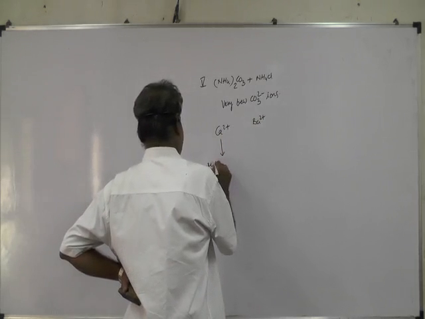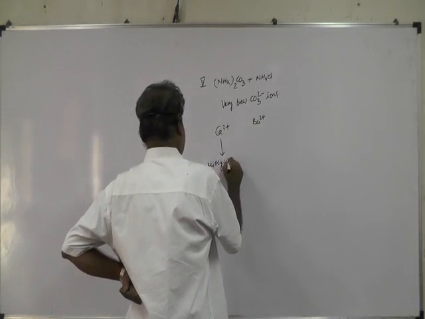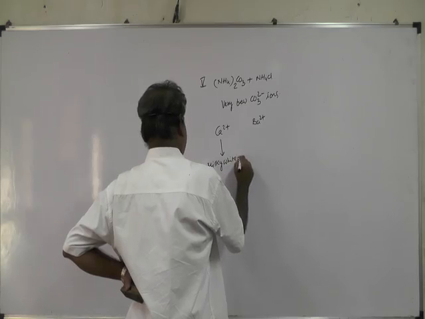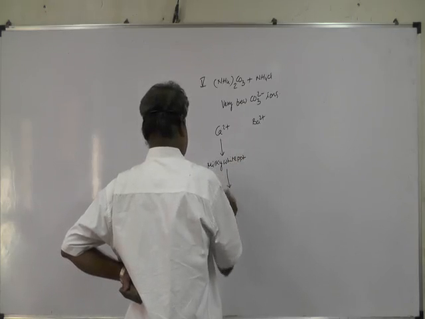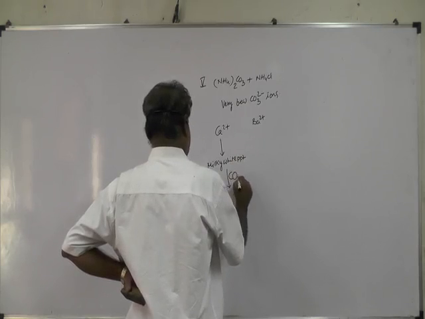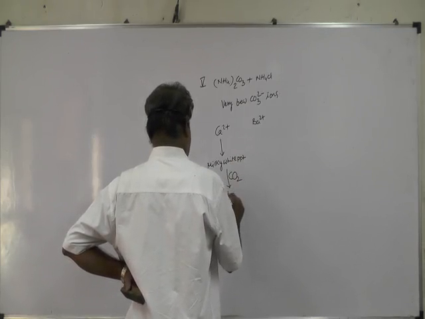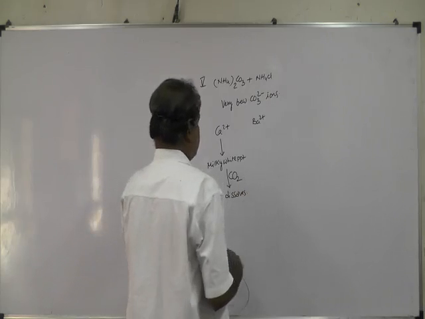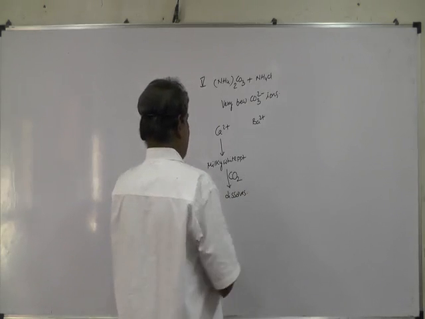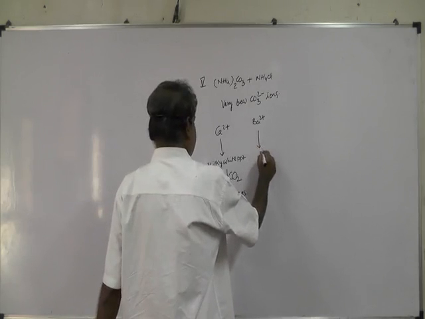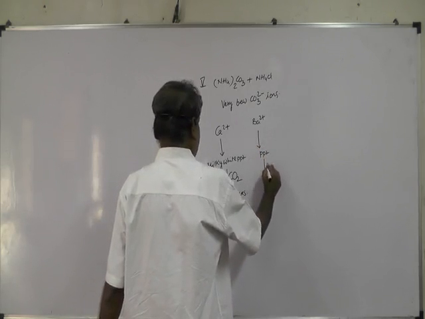You get a milky white precipitate of calcium carbonate. Milky white precipitate, and when carbon dioxide is added, the precipitate dissolves. Barium, you get a precipitate, with CO2 no action.